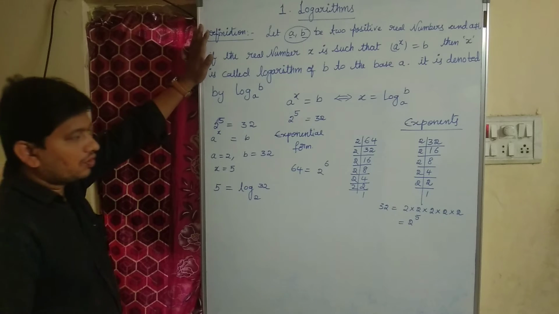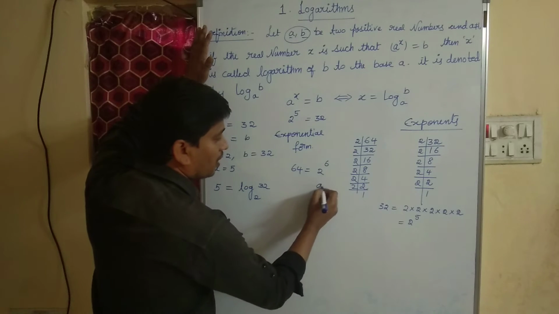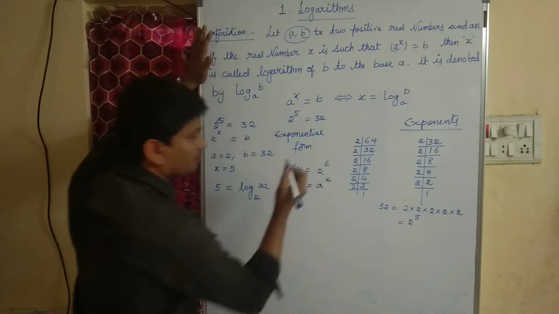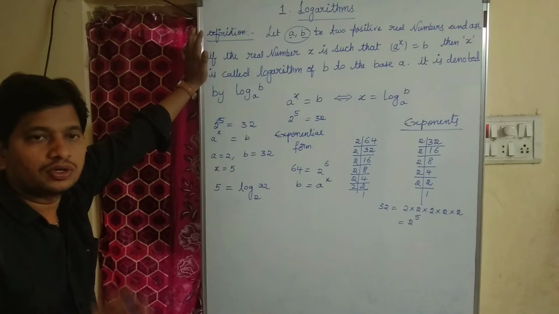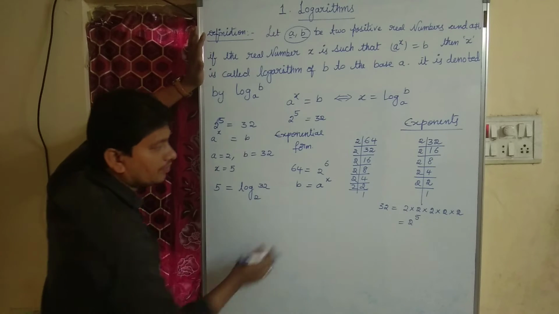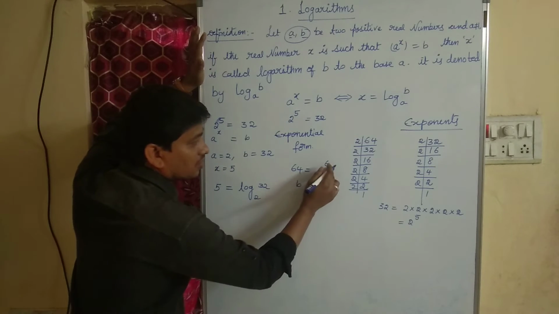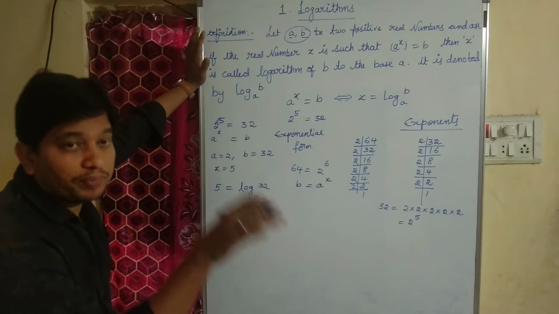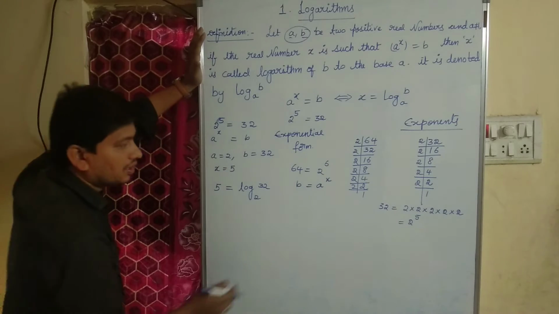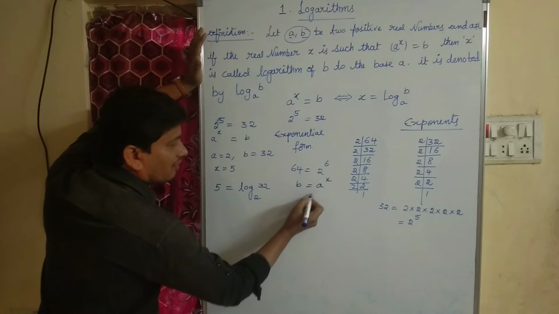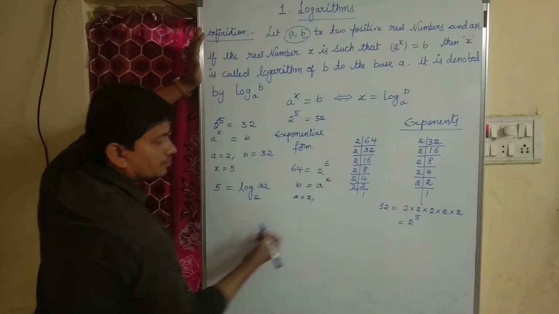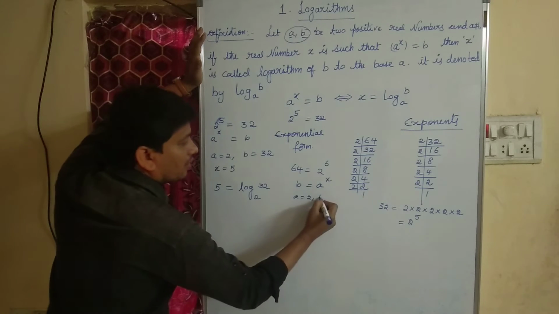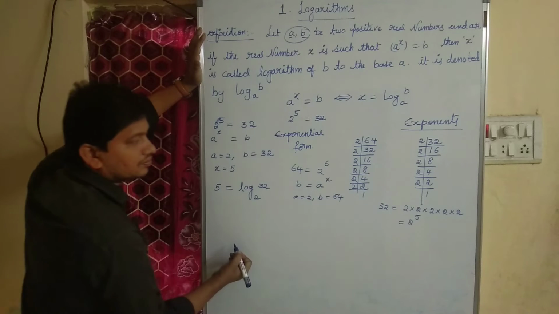Now, if you observe this, it is in the form of a power x equal to b. Then x is called the logarithm of b to the base a. Here, what is the value of a? A value is 2. And what is the value of b? B value is 64.